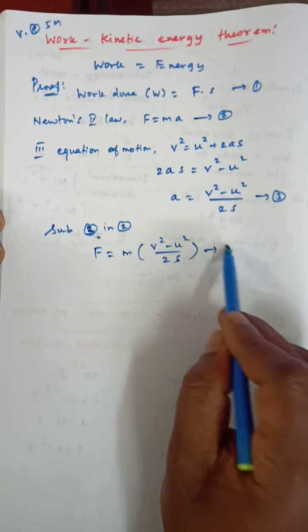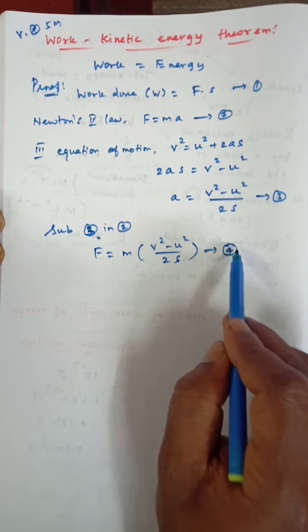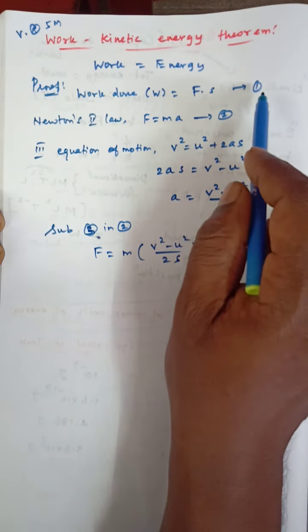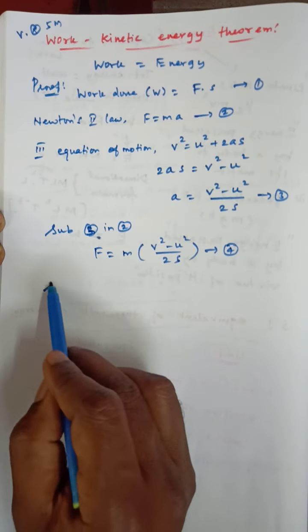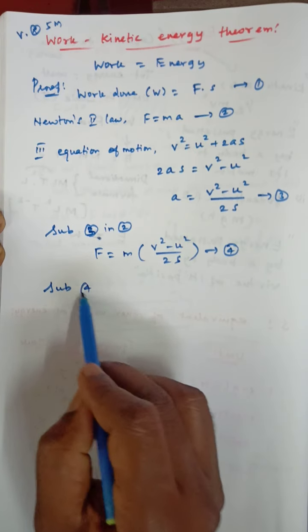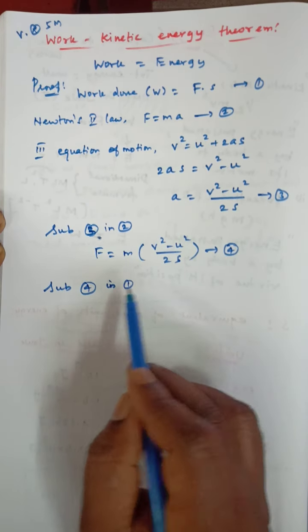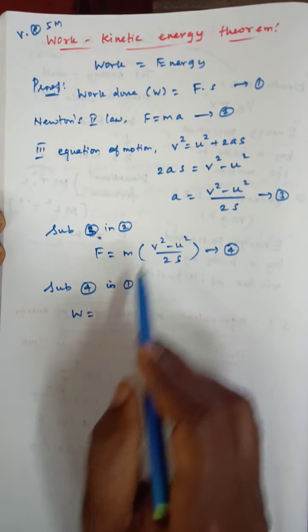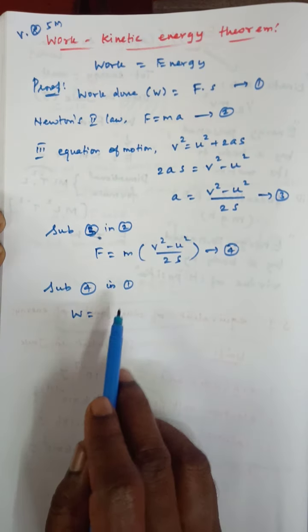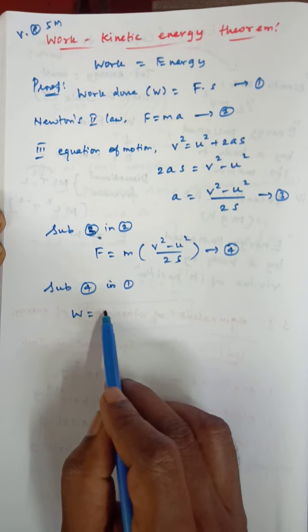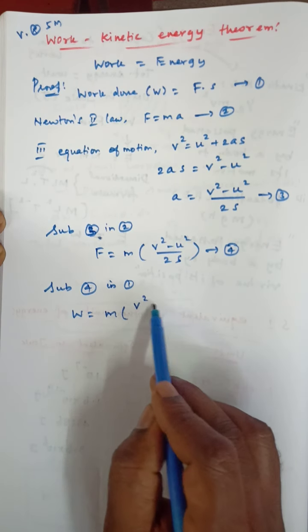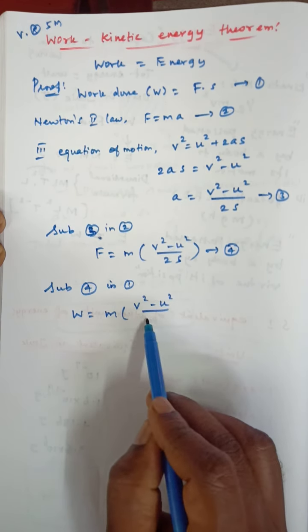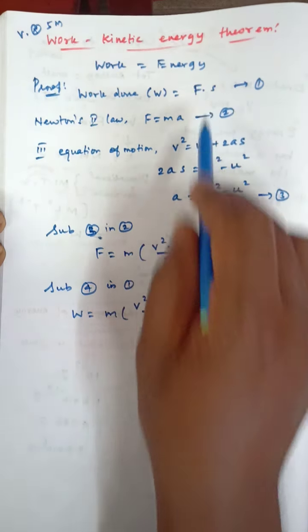Call this equation 4. Now we substitute equation 4 into the first equation to get W. So W is equal to F into S, which gives M into V square minus U square by 2S, into S.